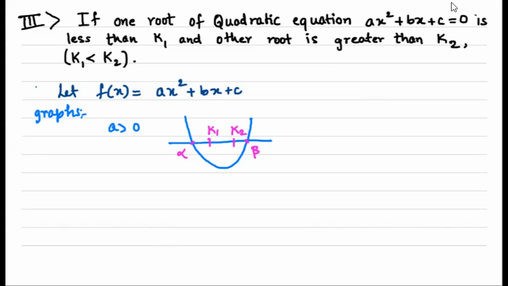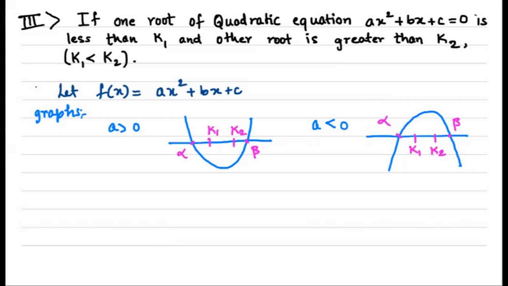So one root is less than k1 and the other root is greater than k2. This is one possible graph, and then we can have a less than 0, so opening downwards. Again here we have k1 and k2 like this, and here also alpha is less than k1 and beta is greater than k2, right?